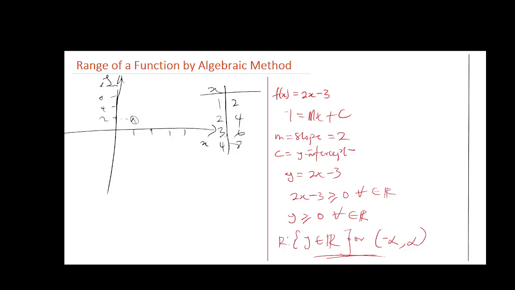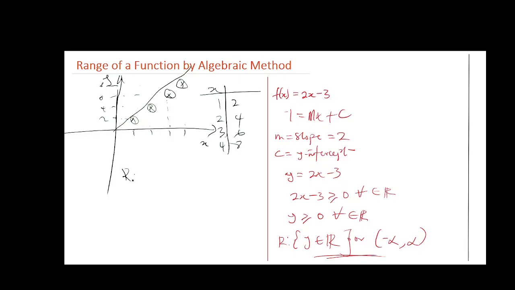When x is 2, y is 4, and we have the point of intersection somewhere here. When x is 3, y will be 6. And when x is 4, we are going to have the point of intersection somewhere here. If we join the points together, we are going to have something of this nature.